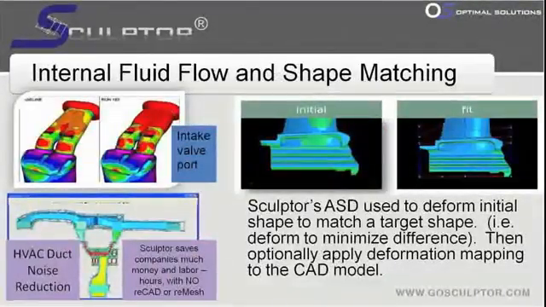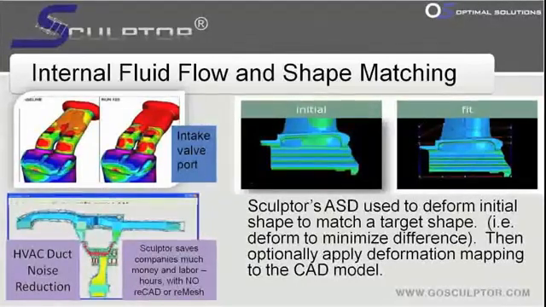For internal fluid flow and shape matching, many of our customers now are looking at Sculptor to help do shape matching, where they can morph one shape into a target shape, where the target shape is a different shape, maybe just slightly different.